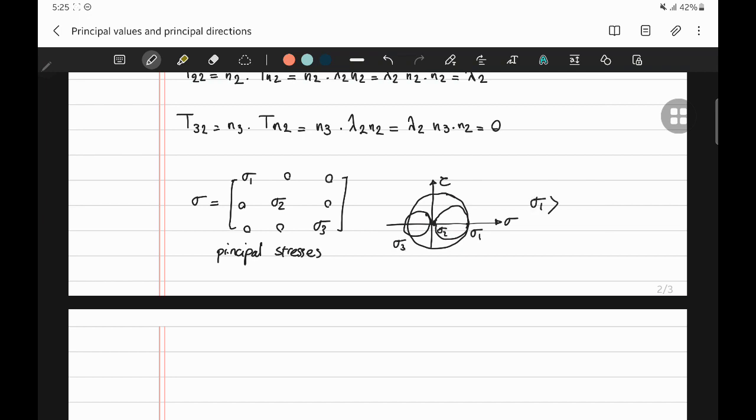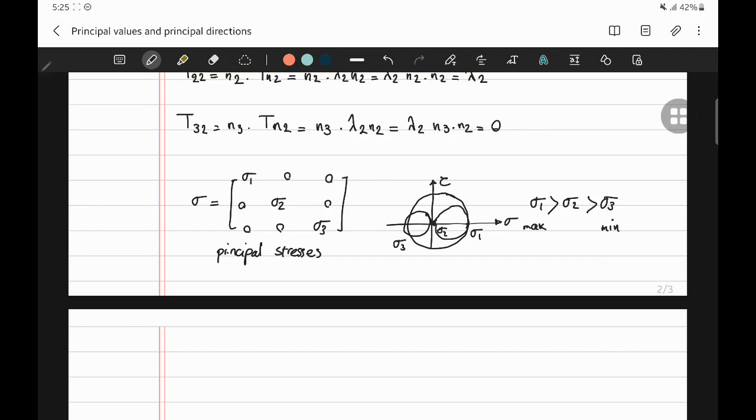You know that sigma 1 is larger than sigma 2, which is larger than sigma 3. And you have to know that the Mohr circle is not the same for the plane stress and plane strain situations. For plane strain, sigma 1, sigma 2, and sigma 3 have these values, but for plane stress, sigma 3 is basically 0. This is the minimum value, and this is the maximum value here.